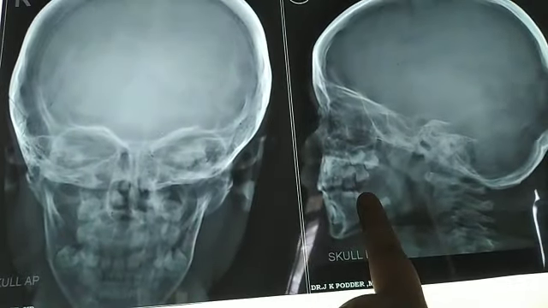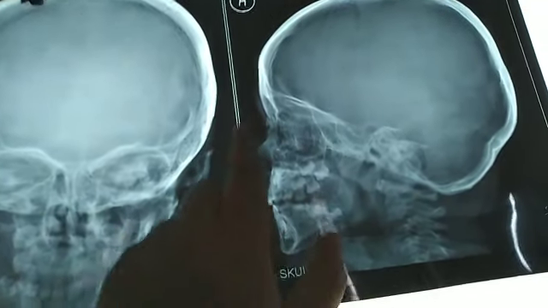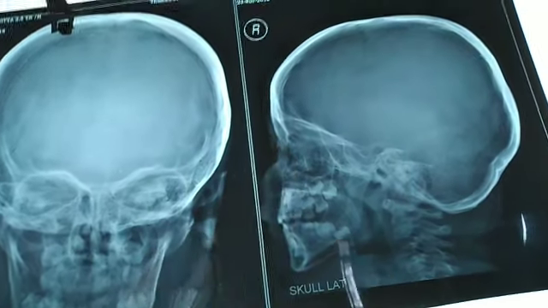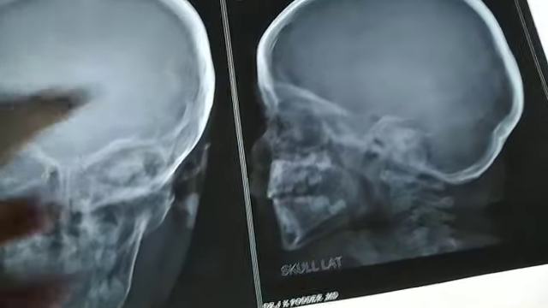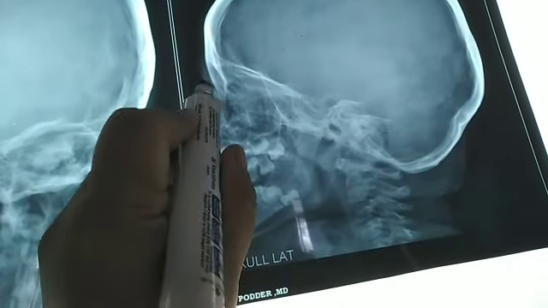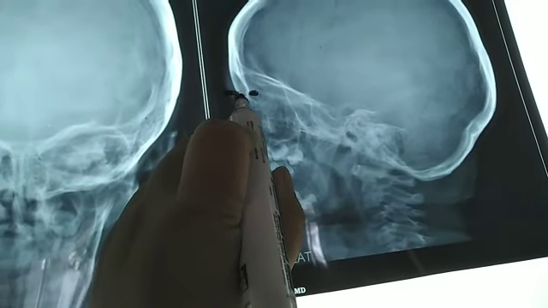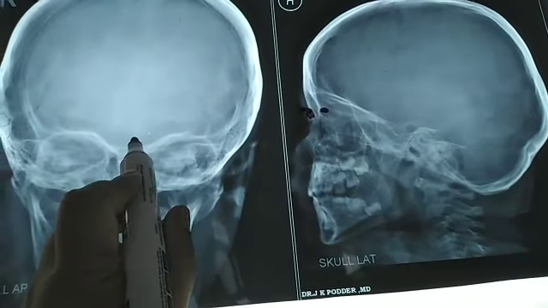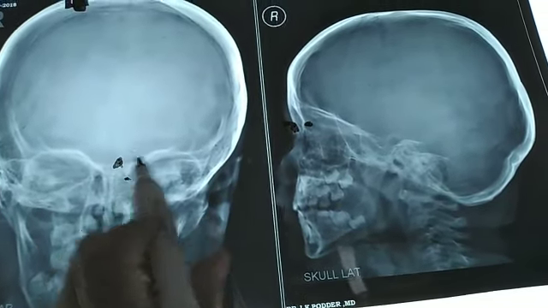Here we have the lateral view, and similarly you can get the PNS lateral view. This is the frontal sinus. You can see the anterior wall and this is the posterior wall. If I have a polyp, I can say that it is present in the anterior wall. But in the other view, it is not possible to understand whether it is in the anterior or posterior direction.